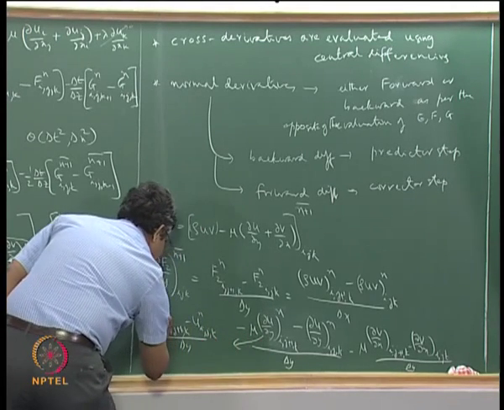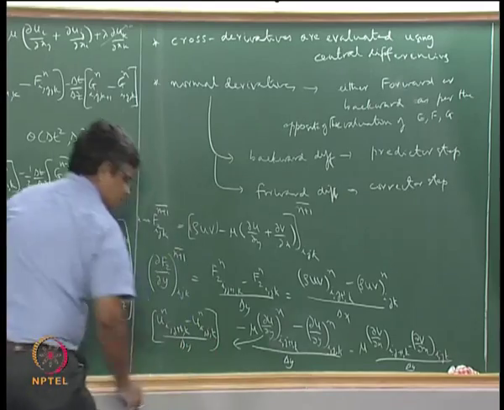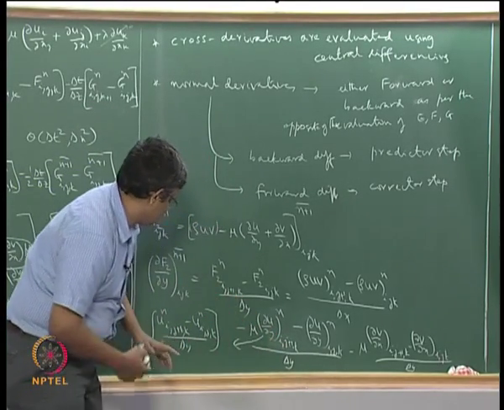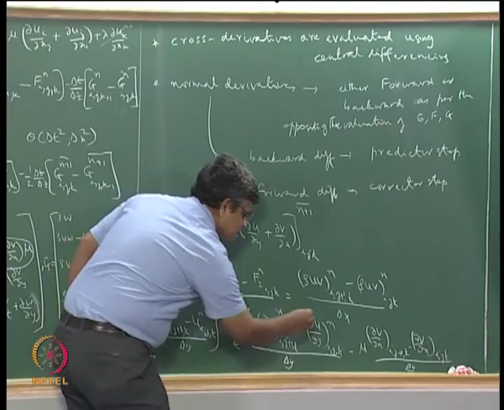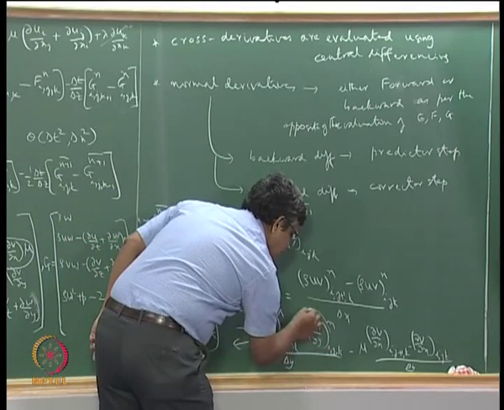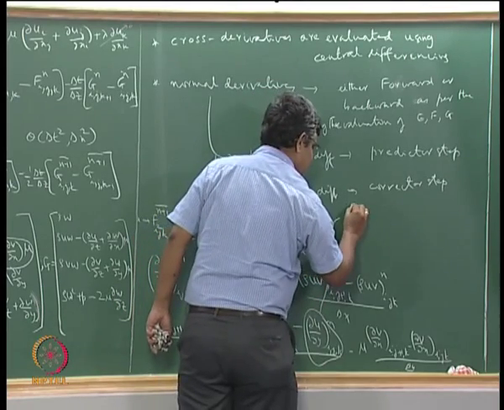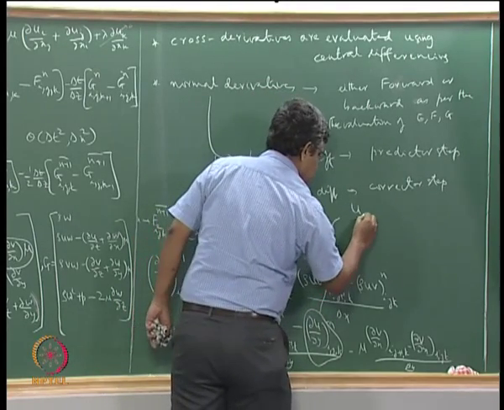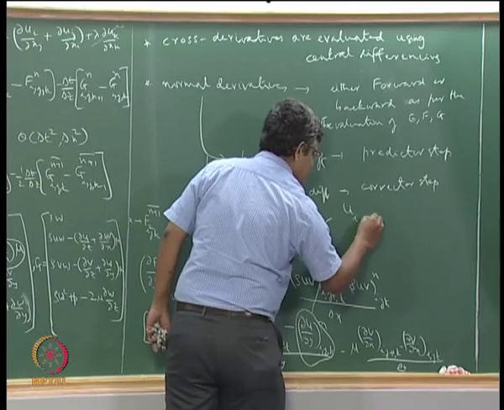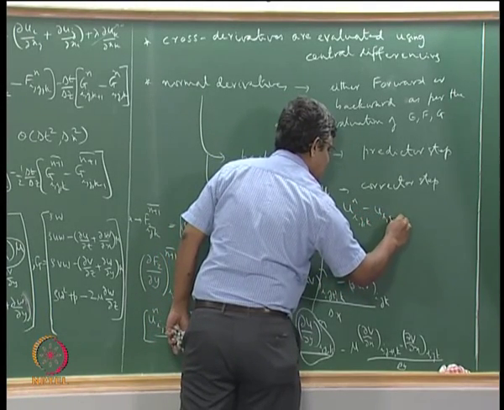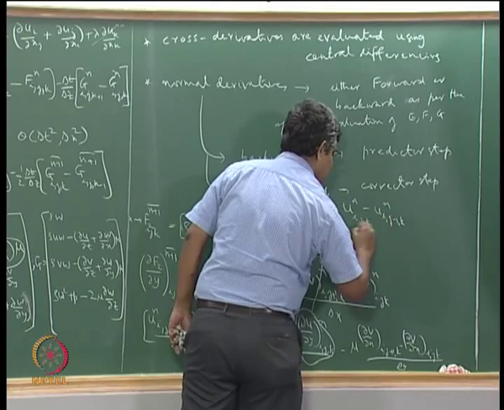So this is the backward differencing of this term at i, j plus 1. And similarly this term here will be evaluated as u at i, j, k, n minus u at i, j minus 1, k, n, by delta y.